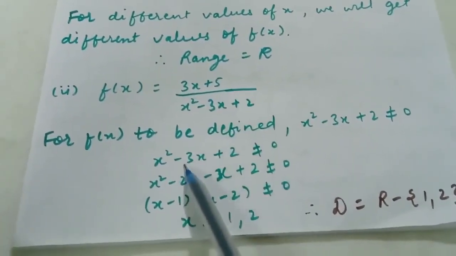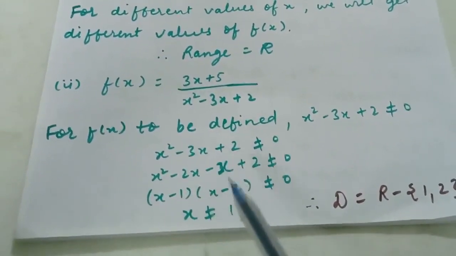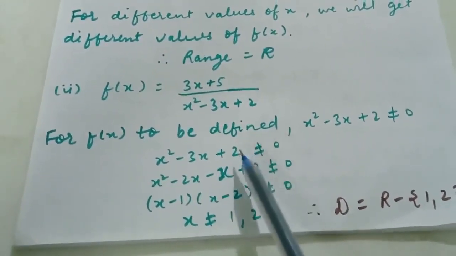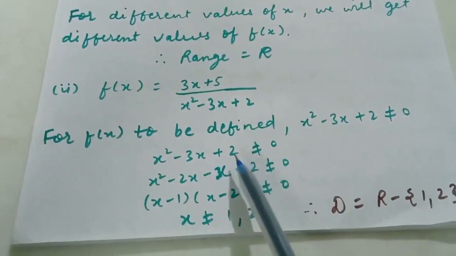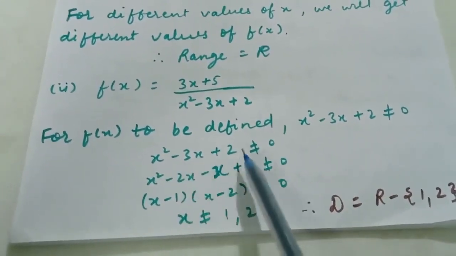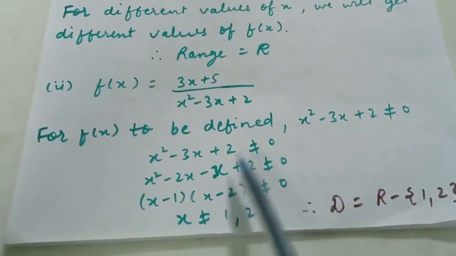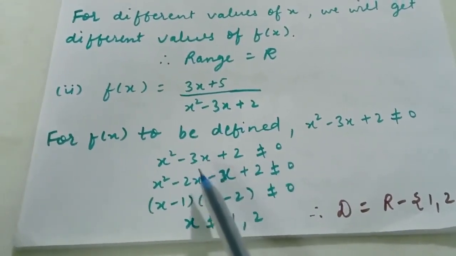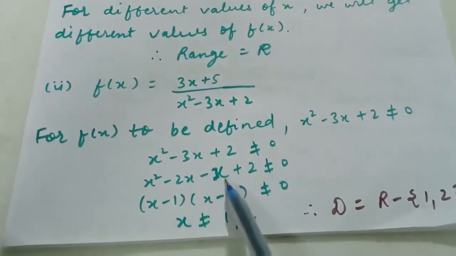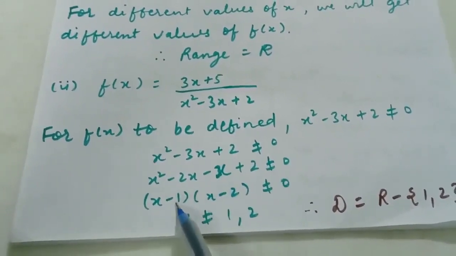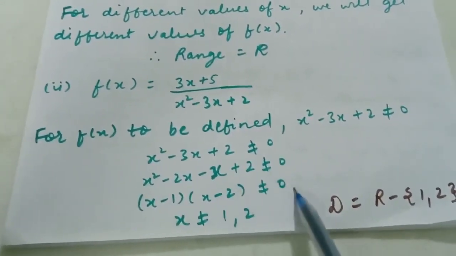So we will find the values of x for which the denominator is 0. If x² - 3x + 2 is not equal to 0, then breaking -3x as -2x - x, we will get (x - 1)(x - 2) is not equal to 0.